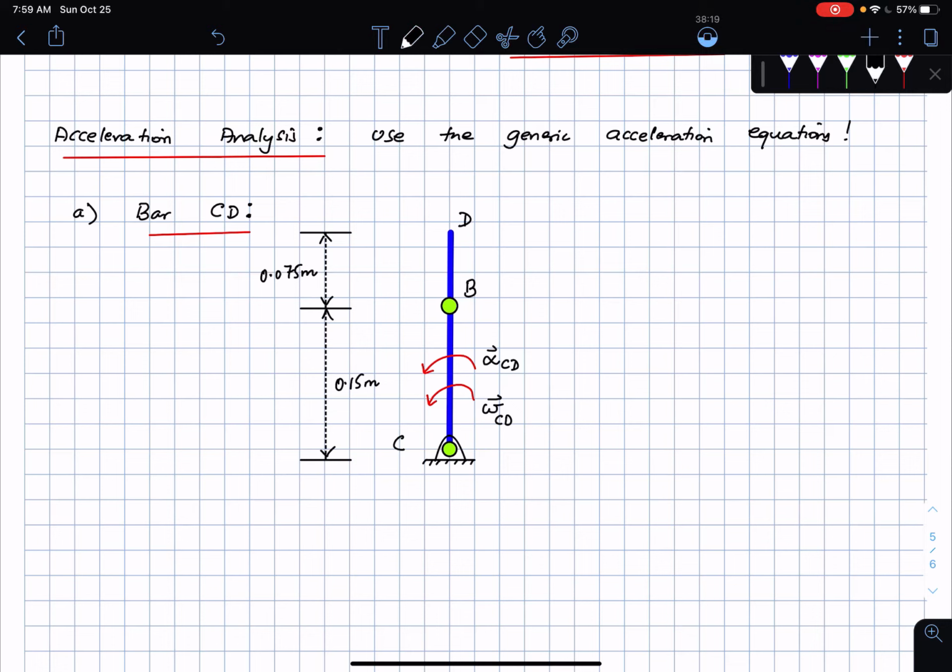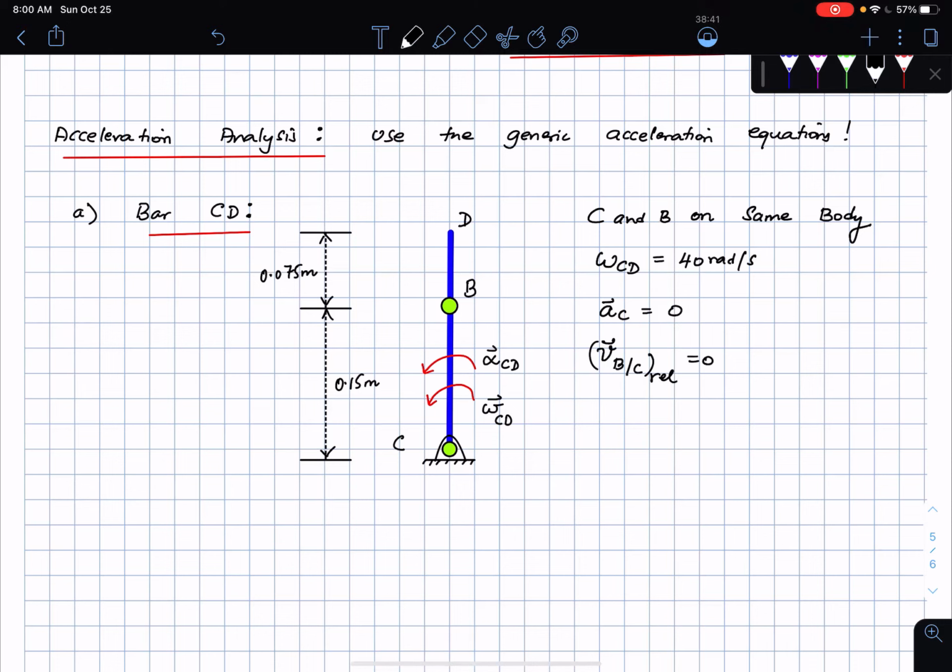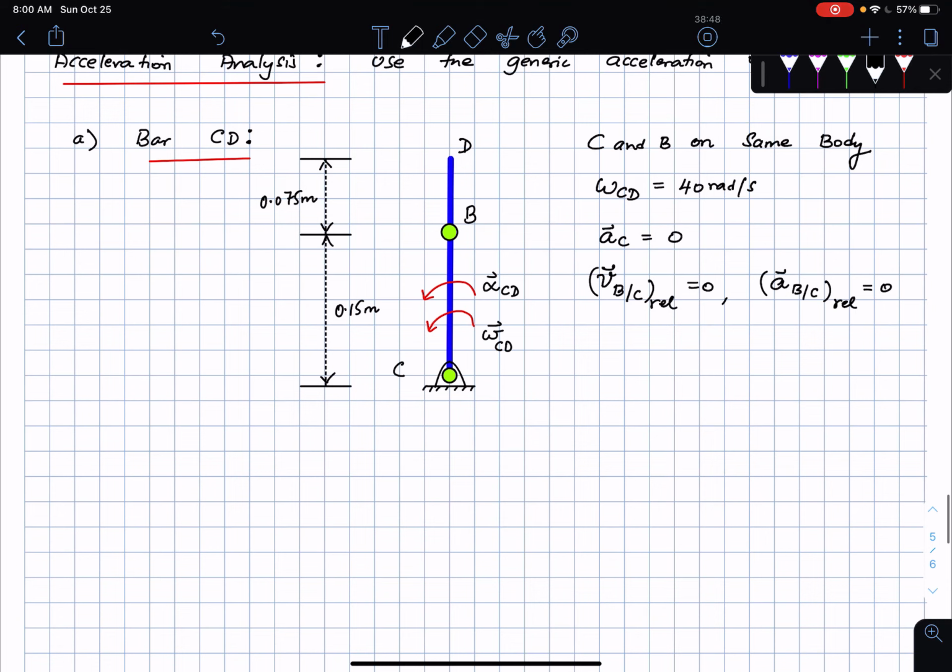The only useful thing I'm going to get from here is what we already know. So we know that omega CD is 40 radians per second, and the acceleration of C is 0. C and B are on the same body, which implies that the velocity of B relative to C is 0, and the acceleration of B relative to C is also 0. So I'm going to relate the acceleration of B to the acceleration of C. Watch this.